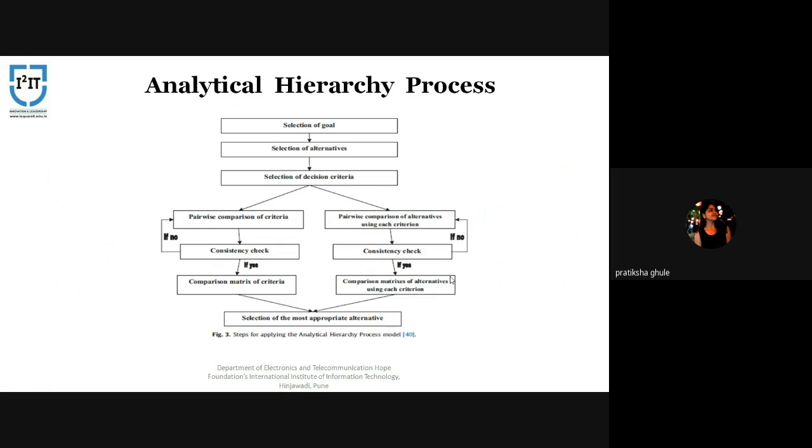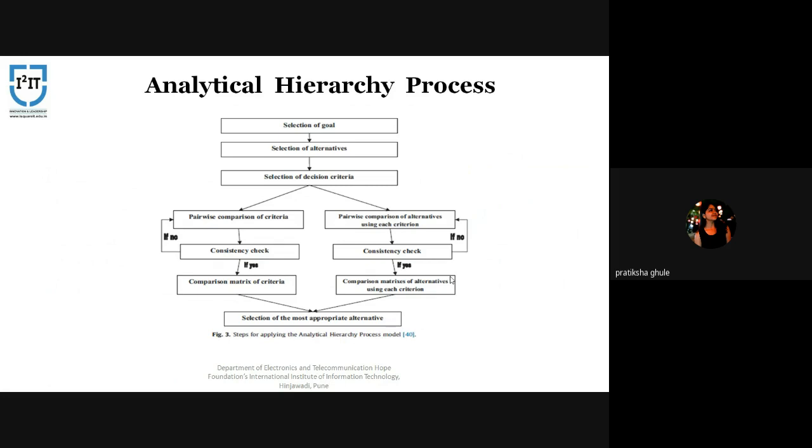After that we will check the consistency. If we find the pairwise comparison consistent, then we will make the comparison matrix of criteria, and similarly we will do the same for the pairwise comparison of alternatives using each criterion.